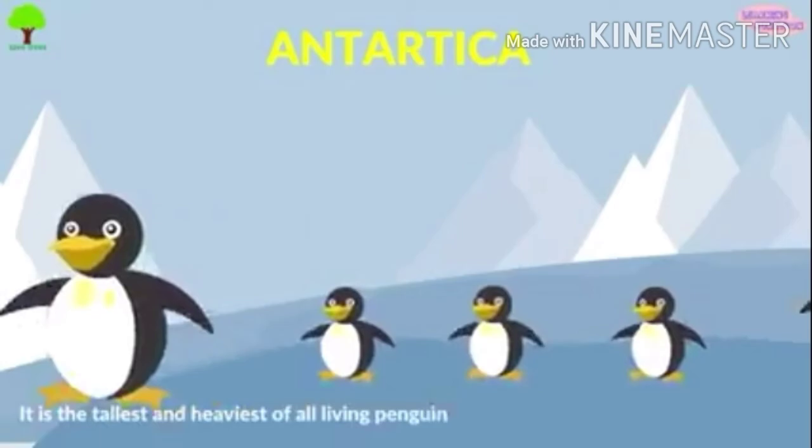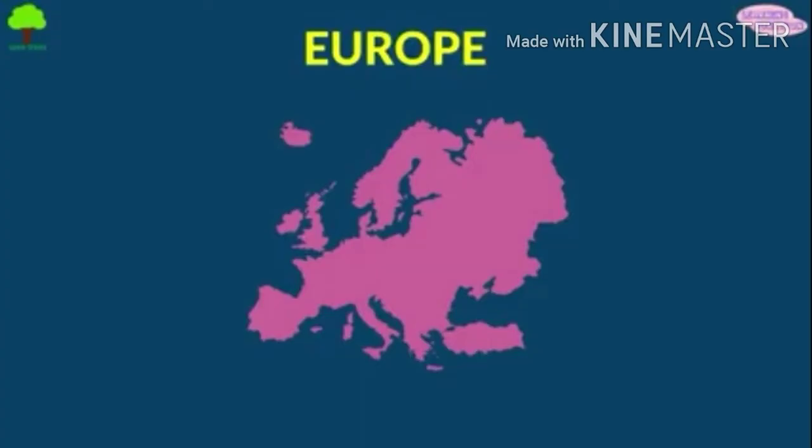Now, Europe. Europe is actually connected to the Asian landmass and hence the whole landmass is called Eurasia. It is bordered by the Arctic Ocean in the north, the Mediterranean Sea on the south and the Atlantic Ocean on the west.